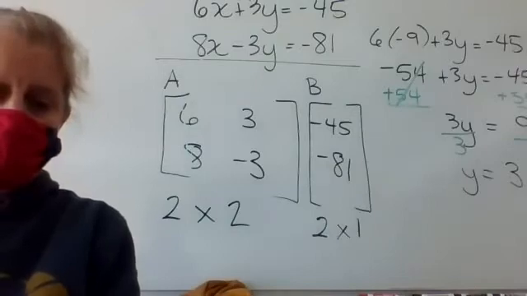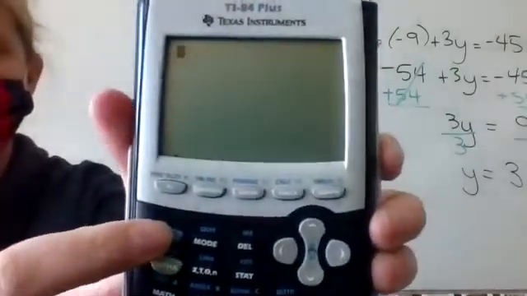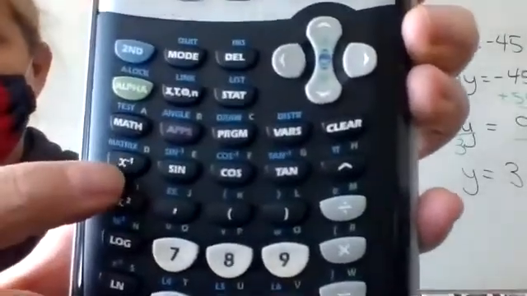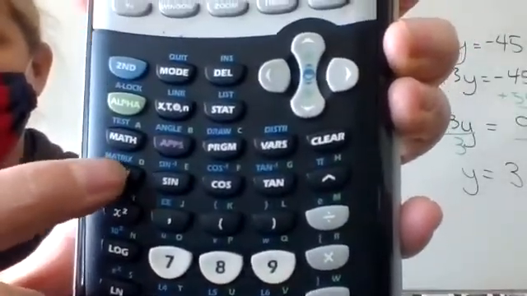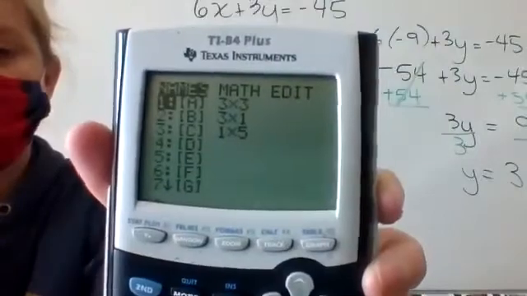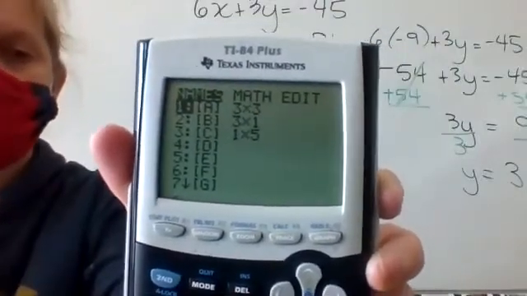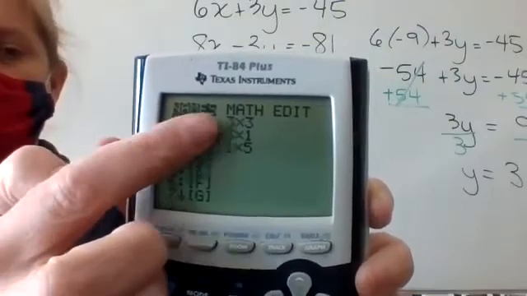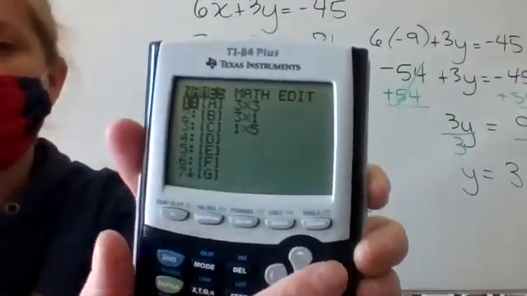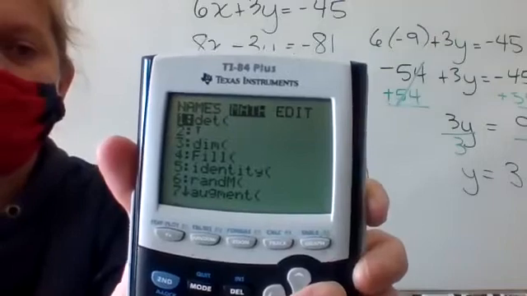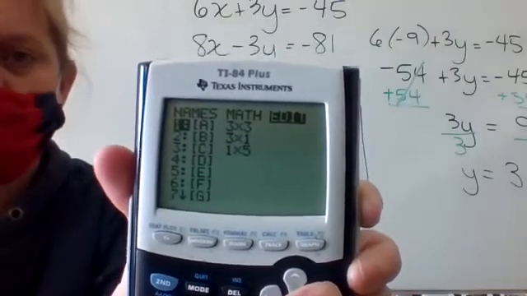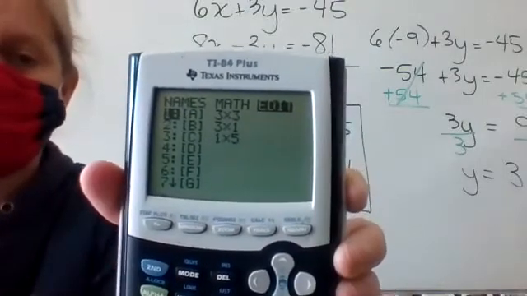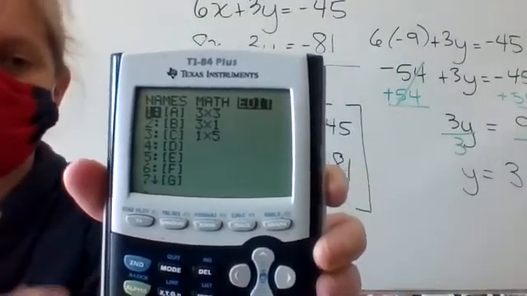So again, I went to second, and then right above the X to the -1 button, it says matrix. So you're going to hit that. The first step you're going to do is create matrix A and matrix B. So you actually need to hit your right arrow to get over to edit, because when you're editing, that means you're creating, you're making the matrix that you want.